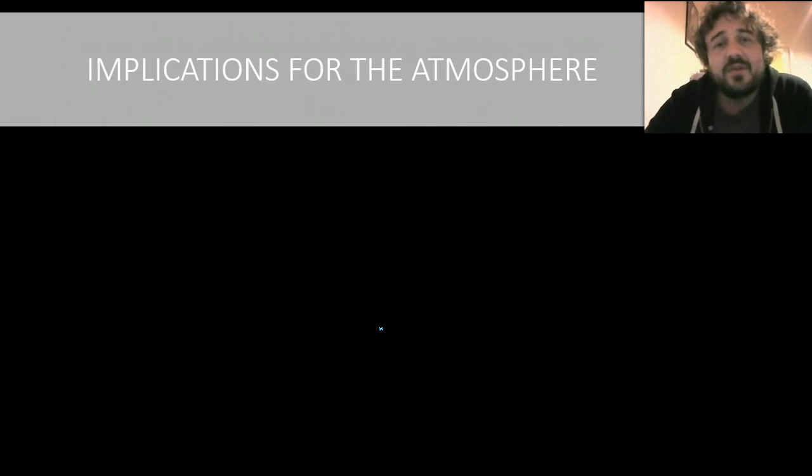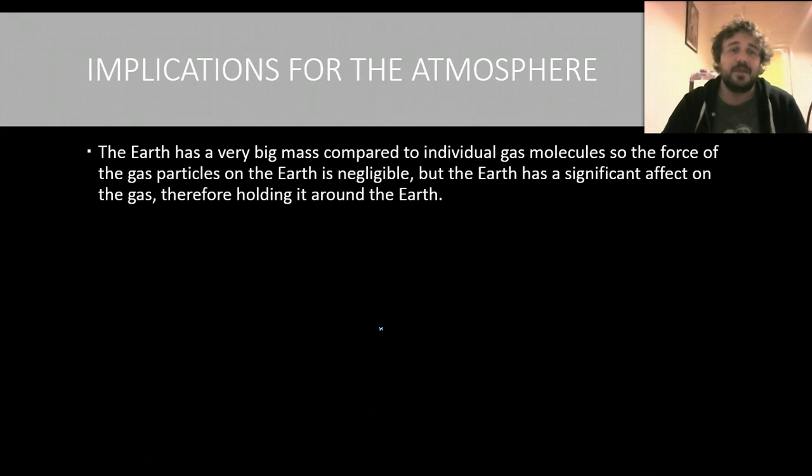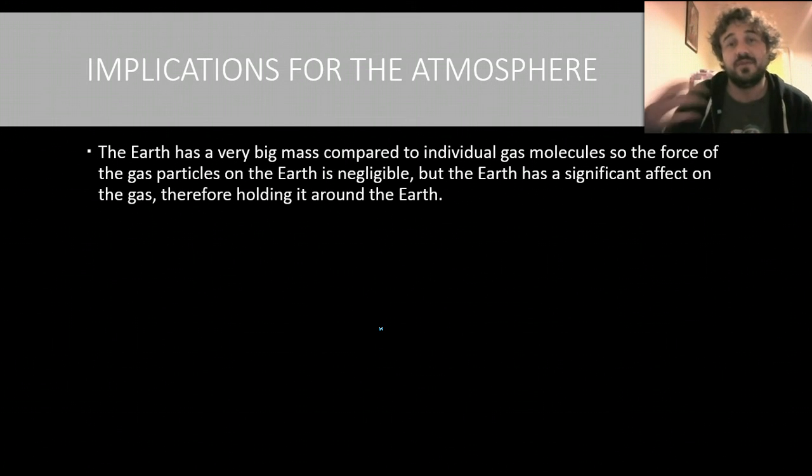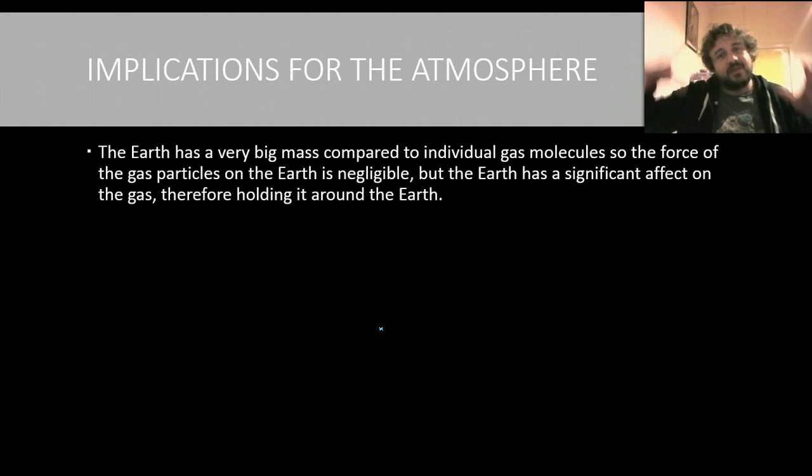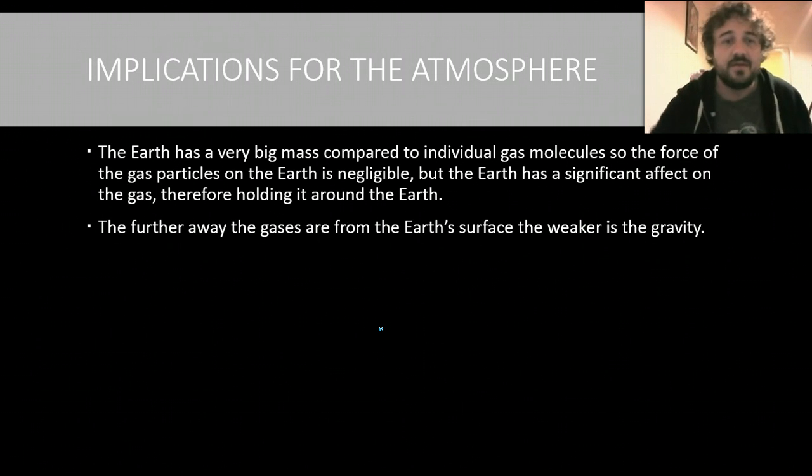All right, so what are the implications for this in the atmosphere? Well, Earth has a very large mass compared to the individual gas molecules. So to be fair, every single one of those gas molecules pulls on Earth, but it's negligible, okay? Because the most significant effect is the Earth, because it's so huge, and it pulls them around the Earth. So gravity pulls all the gases to Earth.